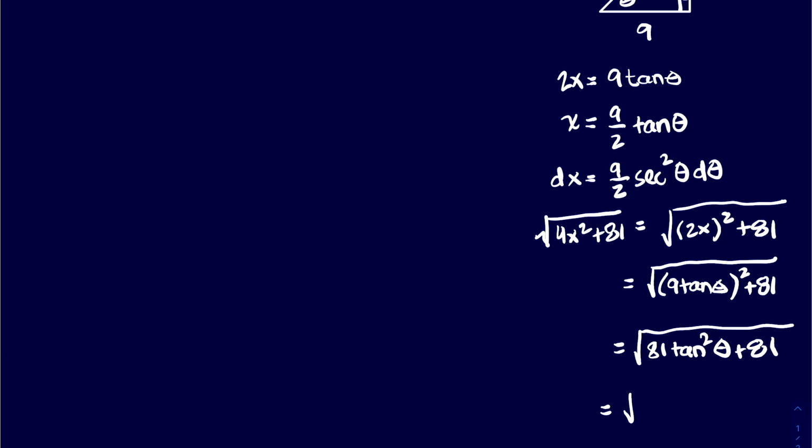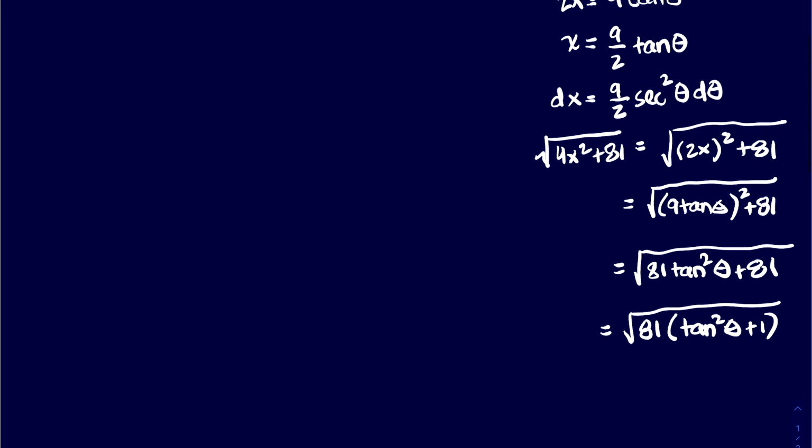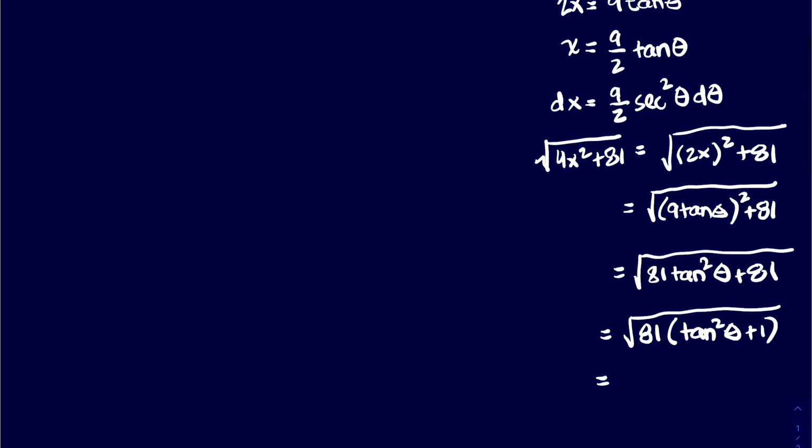Factoring out the 81, we'd have 81 times the quantity tangent squared theta plus 1, which is, I'm going to evaluate root 81 to be 9, and then we'll get the square root of secant squared theta.